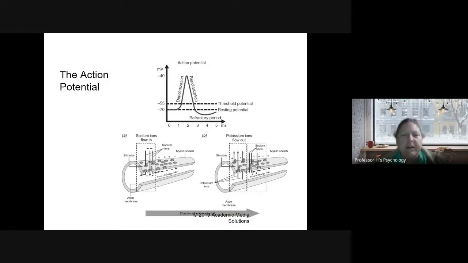So this is a depiction of a neuron for the action potential here. And what's happening during this action potential is that we have sodium ions rushing in. Remember, those are the more positive ones. Those sodium ions are rushing in, and some of the other ions are drifting out of the cell.